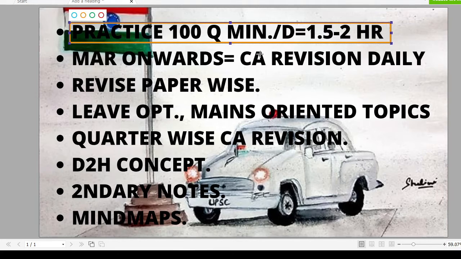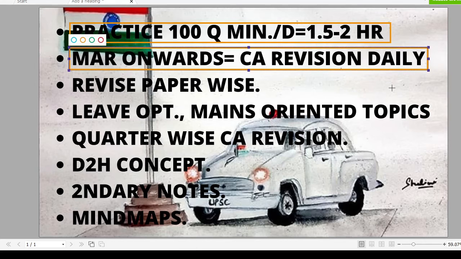The next point I have tried to discuss is the current affairs revision part. When you are reading the daily current affairs newspaper and daily current affairs magazine, what happens if the material gets bulky is that you face difficulty in revising. So from March onwards, we know we have 90 days.